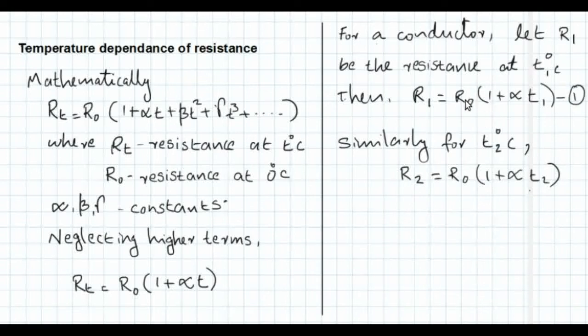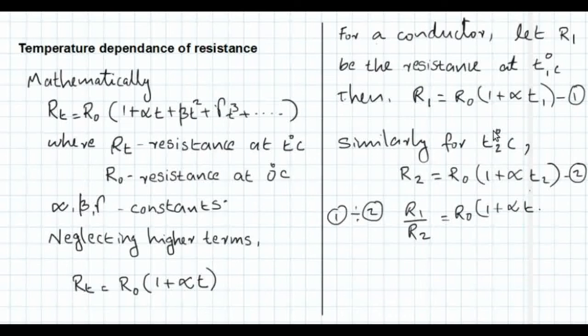In both cases, R0 and alpha will remain the same. Then we may divide equation 1 by 2. That is, on the LHS it is R1 divided by R2, and on the RHS, R0 into 1 plus alpha T1 divided by R0 into 1 plus alpha T2.